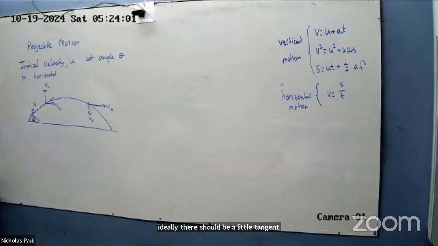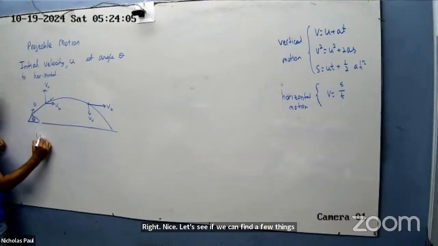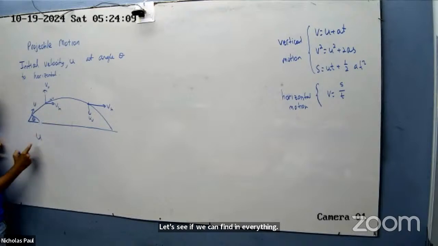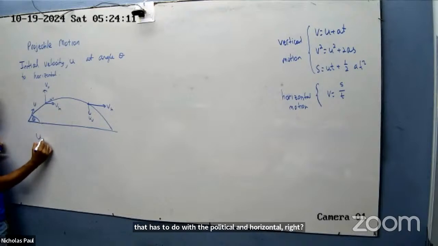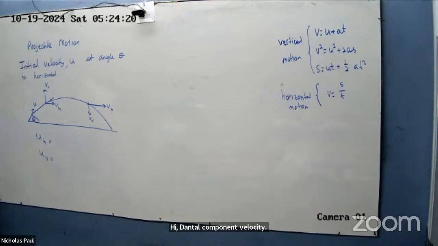Right, nice. Let's see if we can find a few things, everything that has to do with the vertical and horizontal. So let's start here. What is the initial horizontal component of velocity? What is the initial vertical velocity? The initial velocity is u.